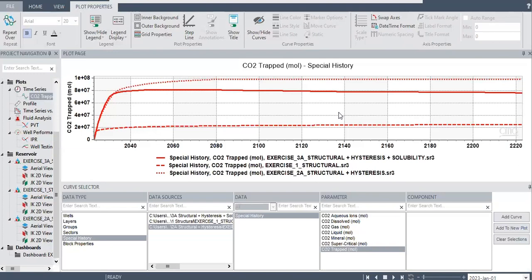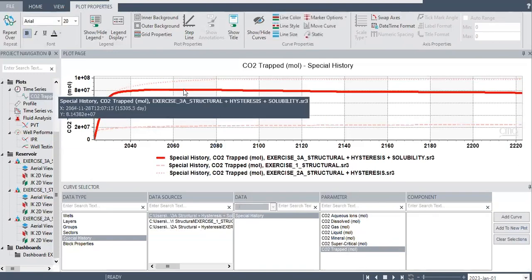As we increase the hysteresis effect, now critical gas saturation or residual gas saturation becomes higher. It means more and more CO2 being trapped in the pore spaces because of capillary effect or hysteresis effect. Okay?